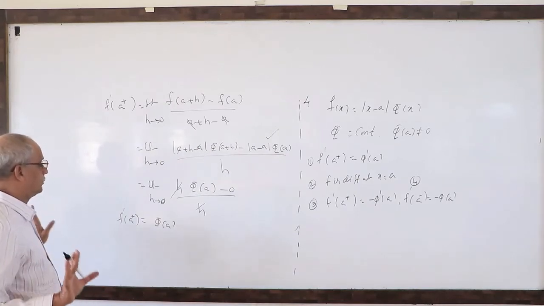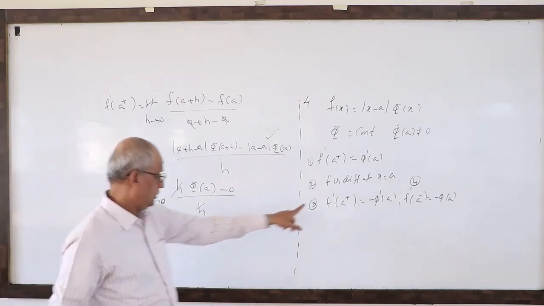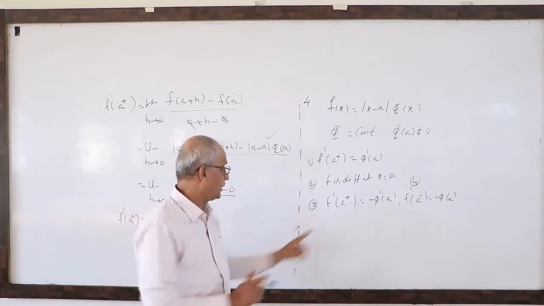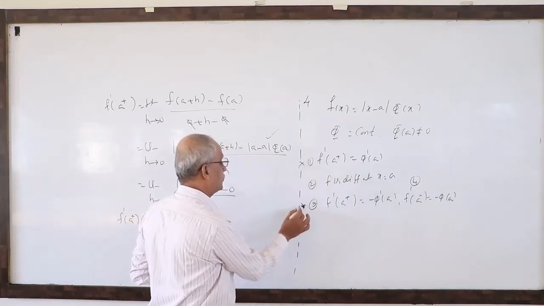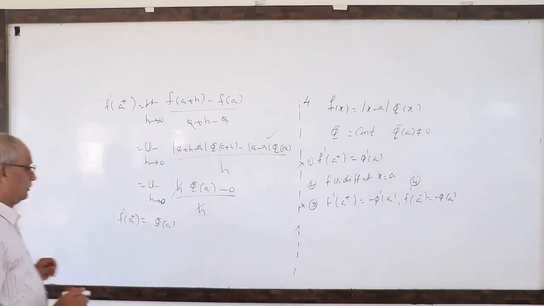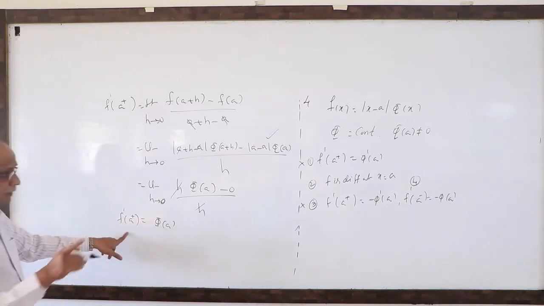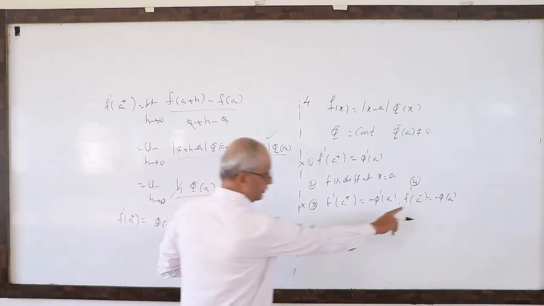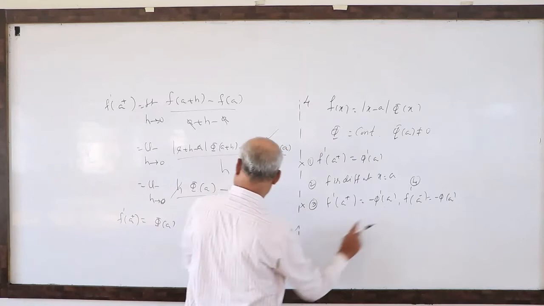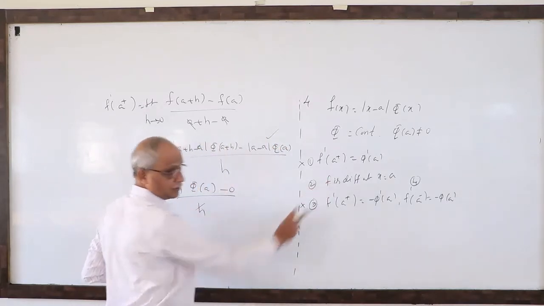Okay. Now we have to see f dash of a plus, minus. This is also not possible. At a time, two options fail. Next, when you find the derivative, either you get this, if they are equal, you get this answer.